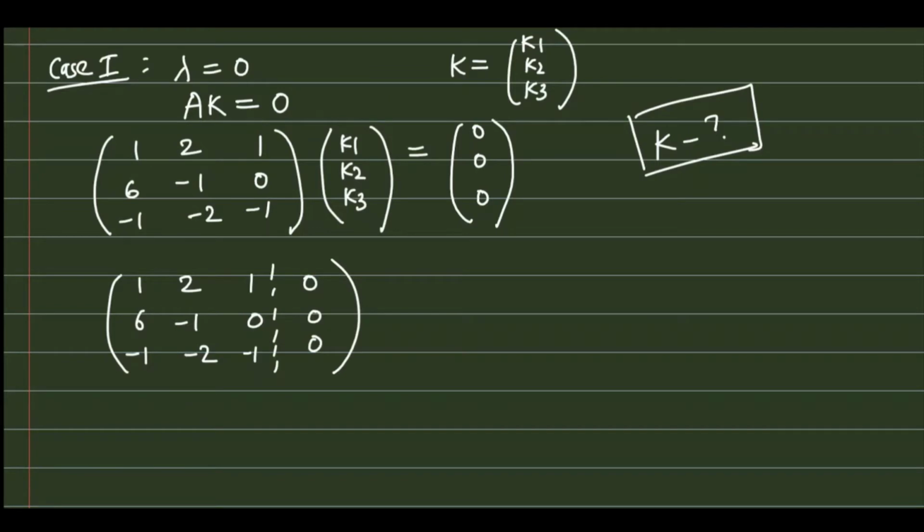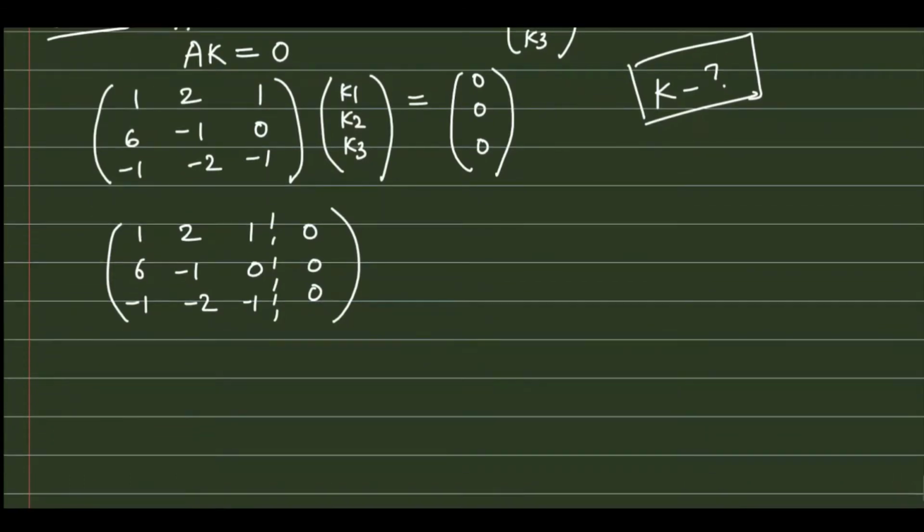So these values are the values of the RHS, which is the zero vector. Now we will apply the Gauss-Jordan method here, and we will try to convert this into the identity matrix form. So for this we will use elementary transformations here.